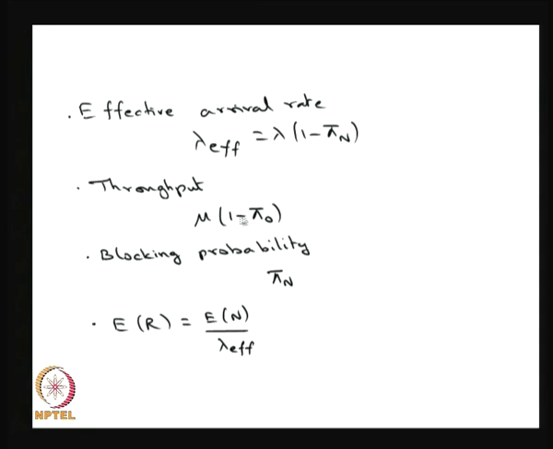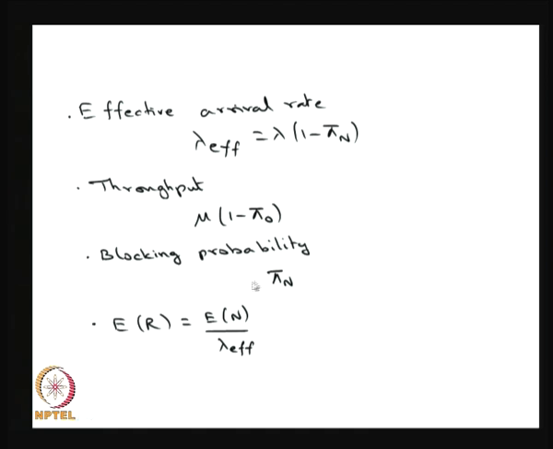Whenever the system is not empty, that probability multiplied by mu is going to be the throughput. By using the time reversible equation, mu times (1 minus pi naught) you can get in terms of lambda equivalently also, but the throughput is the service rate multiplied by the probability that the system is not empty.